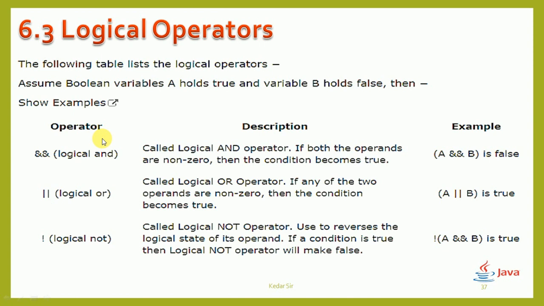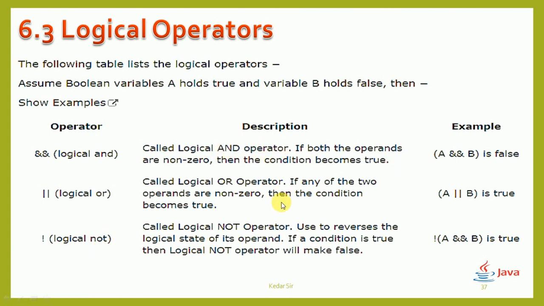And here the following table lists the logical operators. Assume Boolean variable A holds true and variable B holds false. Then the operators are logical AND, logical OR, and logical NOT.